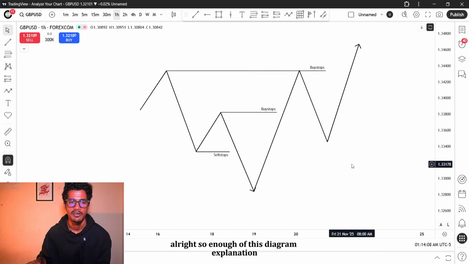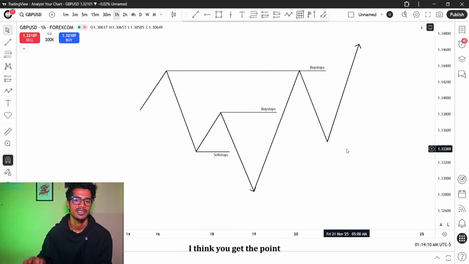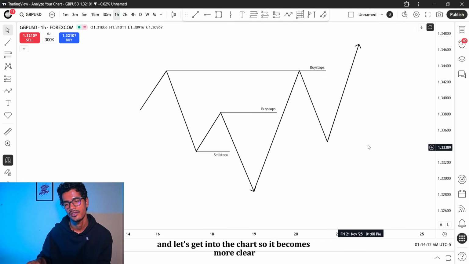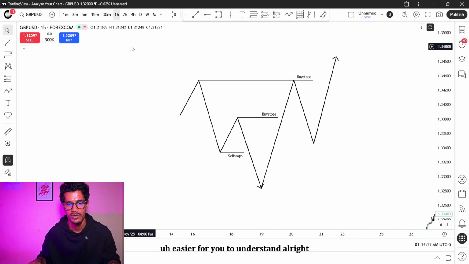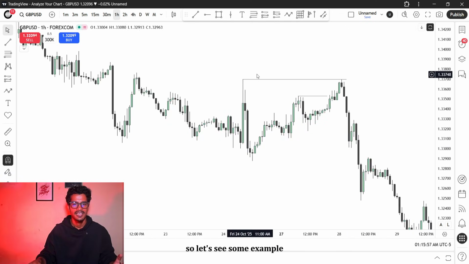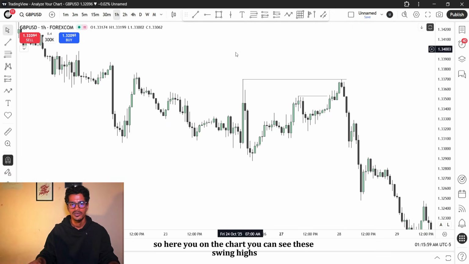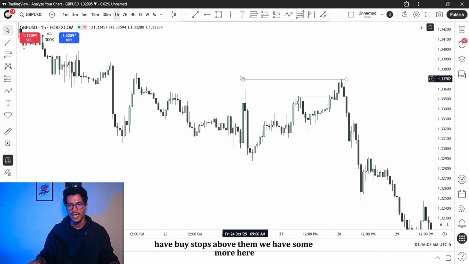All right, so enough of this diagram explanation. I think you get the point, and let's get into the chart so it becomes clearer and easier for you to understand. All right, let's see some examples. So here on the chart you can see these swing highs have buy stops above them.